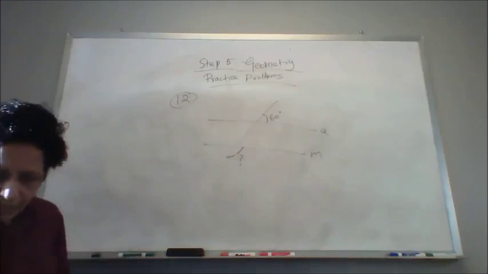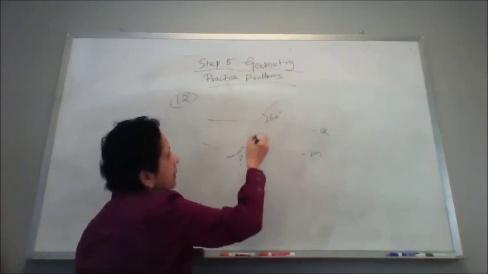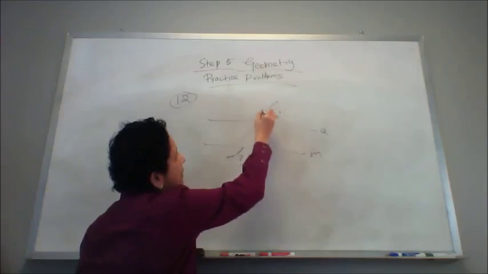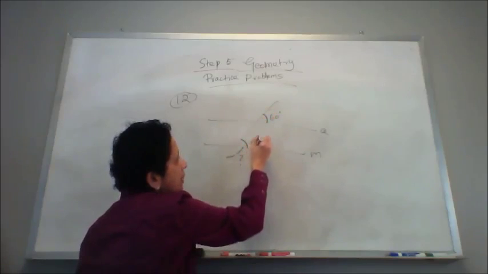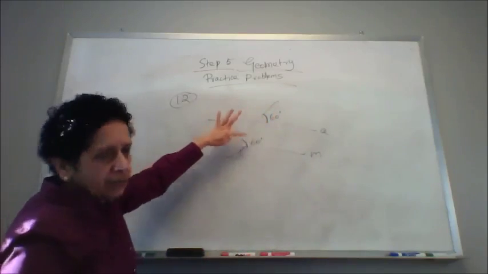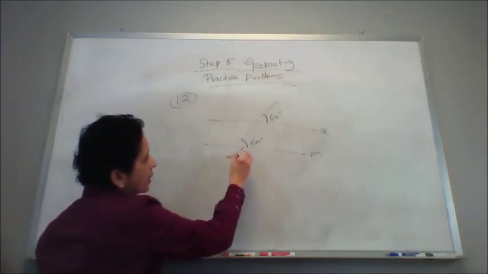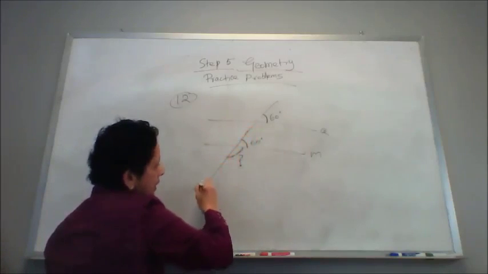So now you need to remember, when we have 2 parallel lines and we've got a transversal, then this angle is exactly equal to this angle. So corresponding angles are equal, right? We said that. So that angle is exactly that angle. So now we want to find out what this angle is. Another thing we learned, this is a straight line, right?